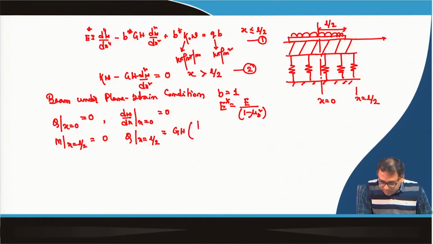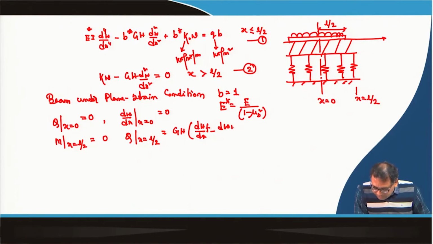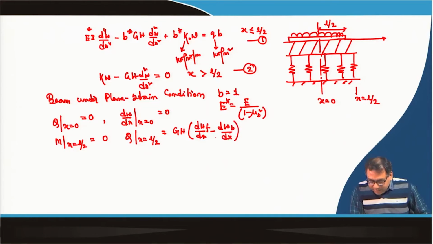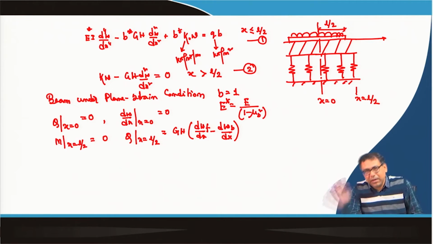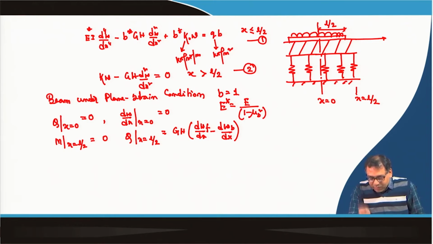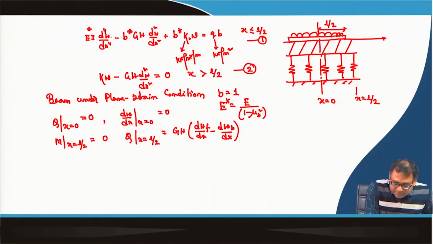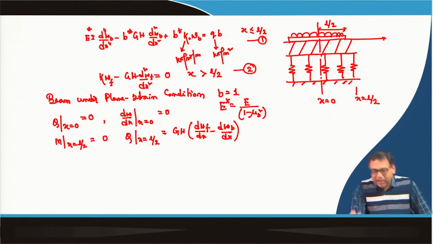This is the equation dW dx minus dW dx. So, what is the difference between this F and B? F is the deformation beyond the plate region and WB is the deformation within the beam region. So, I should write B within the beam region and F beyond the plate region.